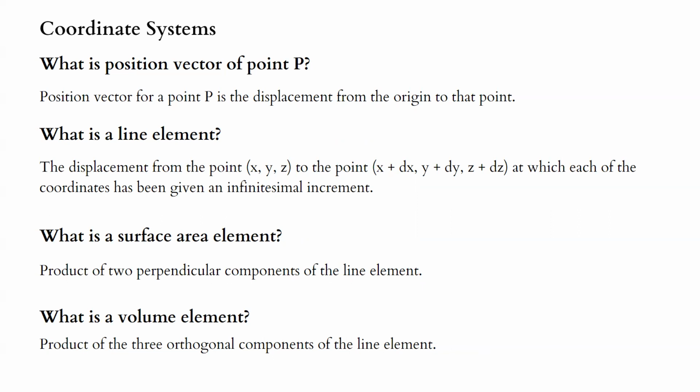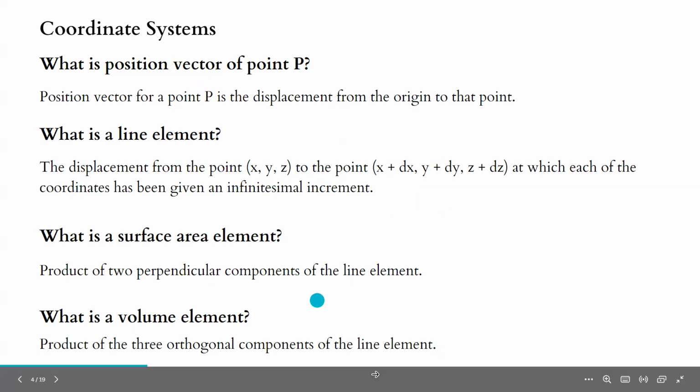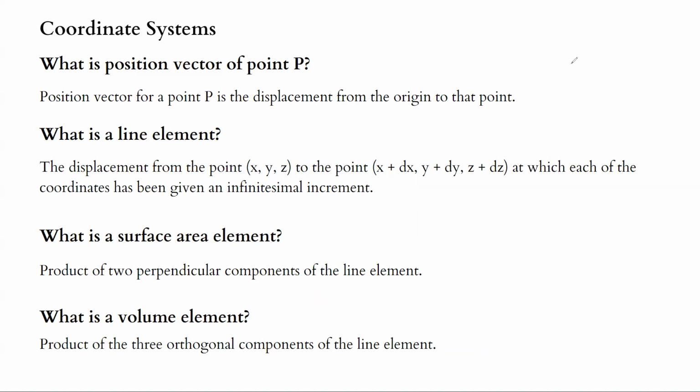If we take into consideration the position vector of a certain point in the coordinate axis, if there's a coordinate system, we have a certain specific point which we call, for example, R. The vector that we draw from the origin to that point we call the position vector.